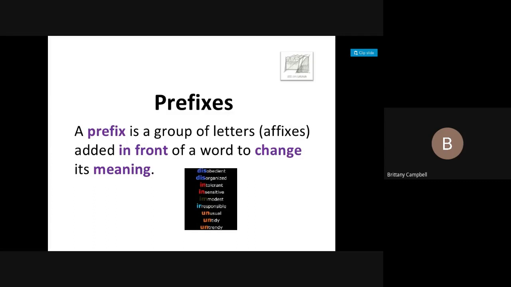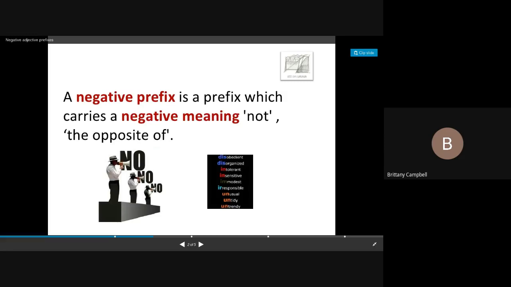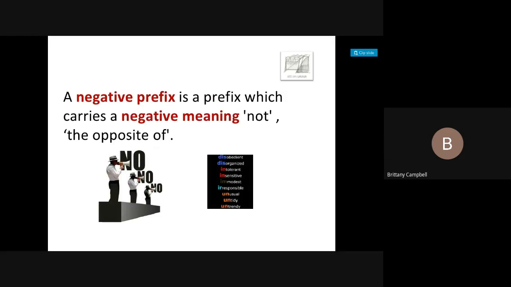A word of letters, right? Added in front of a word to change its meaning. Pay attention to this. Take your notes accordingly if you need to, yes? So if you have a brain like mine, which cannot recall everything, it means I have to take note. I have to make my notes, right?